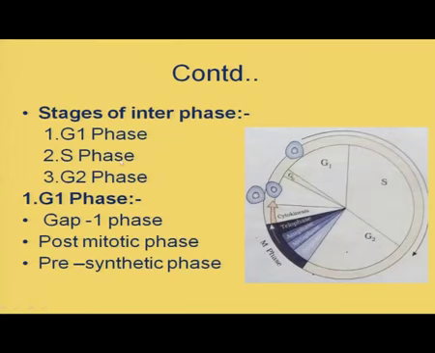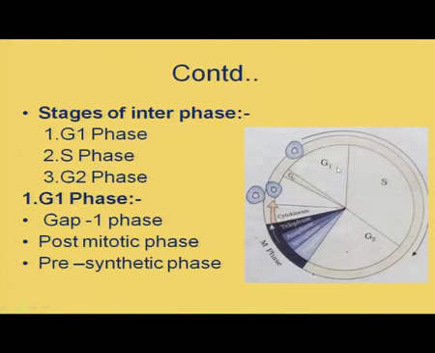Now, coming to the different stages of interphase. Here you can see the diagram: G1 phase, then S phase, then comes the G2 phase. G1, S and G2 collectively known as the interphase.